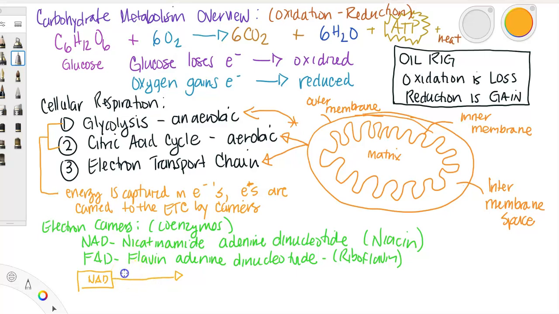Okay, it's accepting two high energy electrons plus a proton. And when it does that, it becomes NADH plus its little electrons. Okay?